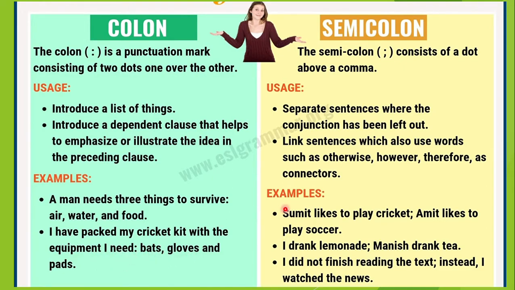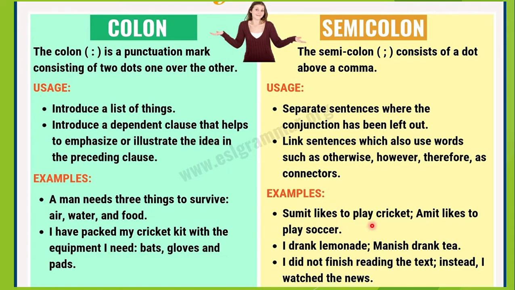Okay, with the semicolon, we separate sentences where the conjunction has been left out. What are the conjunctions? They are the words that put two sentences together, like for example, otherwise, however, therefore, or all the connectors: and, or, also, so, but, okay? So we say when the conjunction has been removed, we use a semicolon, okay?